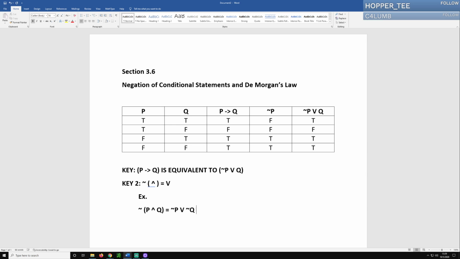So let's make a little note here. Note, you are distributing the not. Okay. All right. So much like if you put a negative on the outside, you have to switch plus to minus or minus to plus.